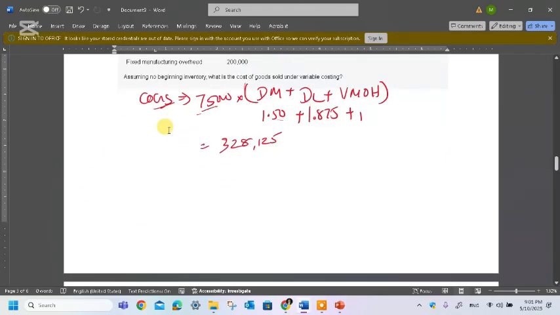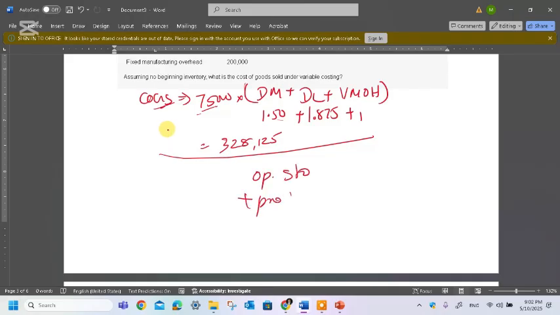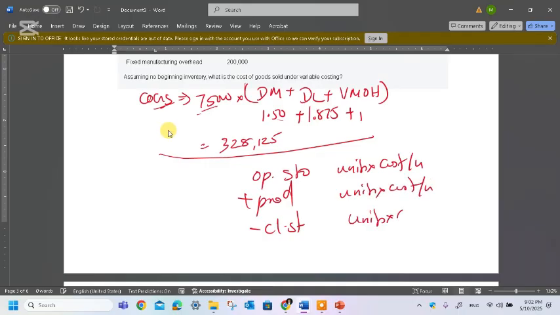Suppose if opening stock and closing stock are there, cost of goods sold you have to calculate like this. Finished goods: opening stock plus production minus closing stock. Find the units multiplied by cost per unit. This cost per unit for opening stock is last period's. You know why?